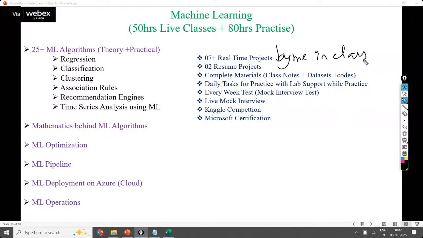In the regular class sessions only, we are going to cover 7+, minimum 7. For the existing batch, I have covered almost 12 projects. But instead of saying the maximum number, I'm saying the minimum number. If more projects are there, you'll be happy about it, obviously. So minimum 7 projects will be covered, right?